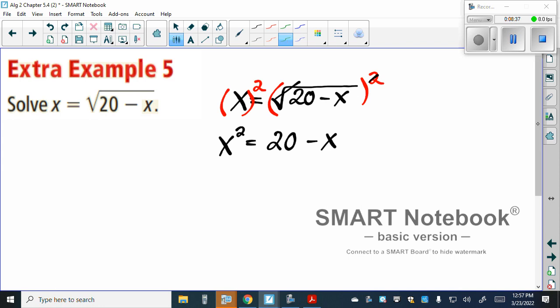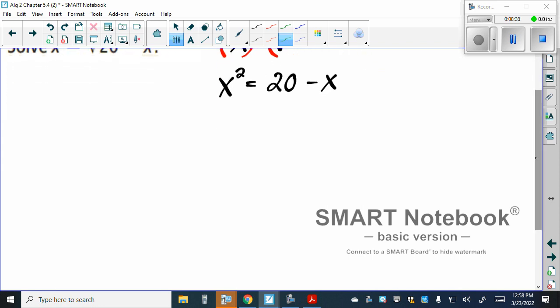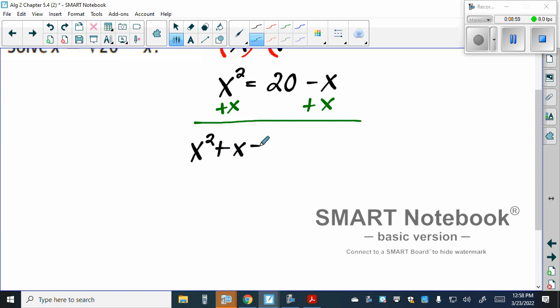Now we need to get this equal to 0. Because of the x squared term, whenever we have a variable with a power greater than 1, so 2, 3, or higher, we need this thing equal to 0. So first off, add x to both sides, which tells us that x squared plus x is equal to 20.